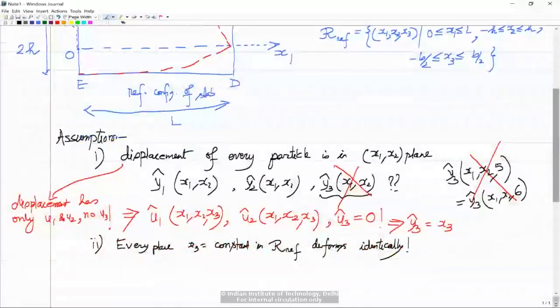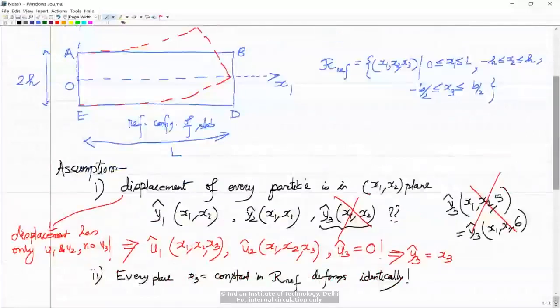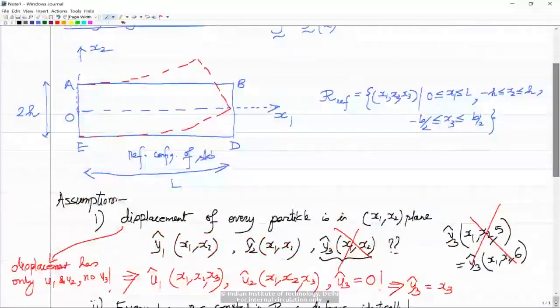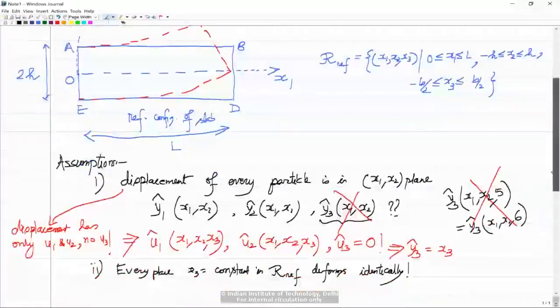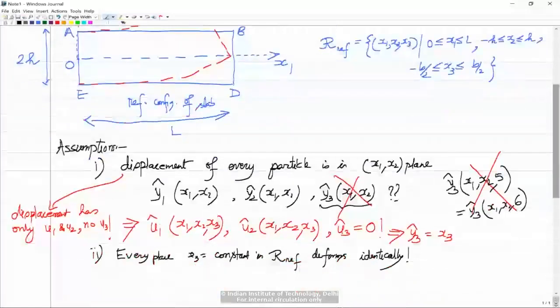So every plane, see, x3 equal to constant. So think of different planes. If you cut this slab in the x1 x2 plane at different x3, you get squares. So those are the planes, and it says all such planes deform identically.